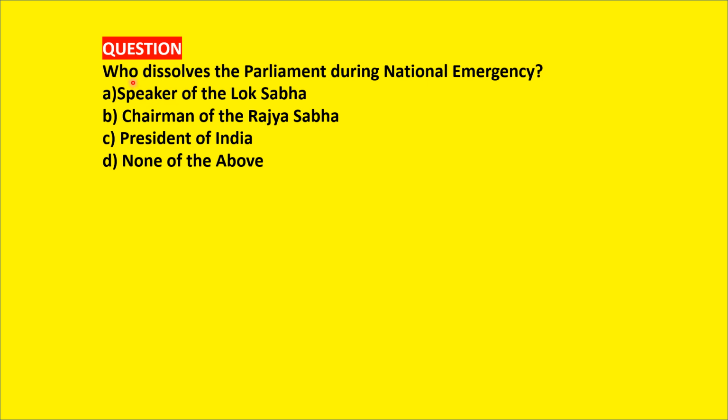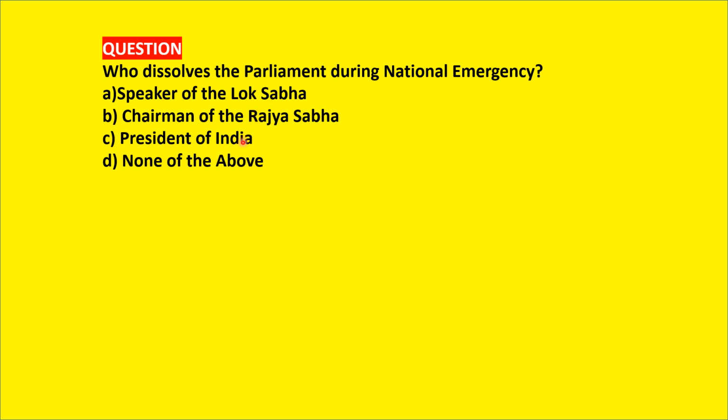The question says, who dissolves the Parliament during national emergency? Most of you might be thinking of the President of India, but undoubtedly you are wrong, because the question says who dissolves the Parliament. Parliament cannot be dissolved. Lok Sabha can be dissolved, because if you say Parliament, it includes both Lok Sabha and Rajya Sabha. But Rajya Sabha is a permanent body, not subject to dissolution.